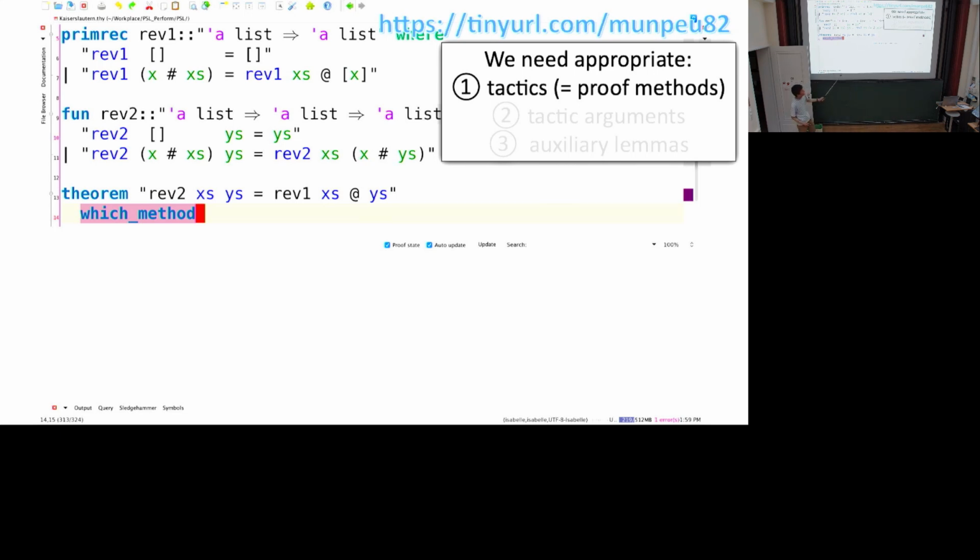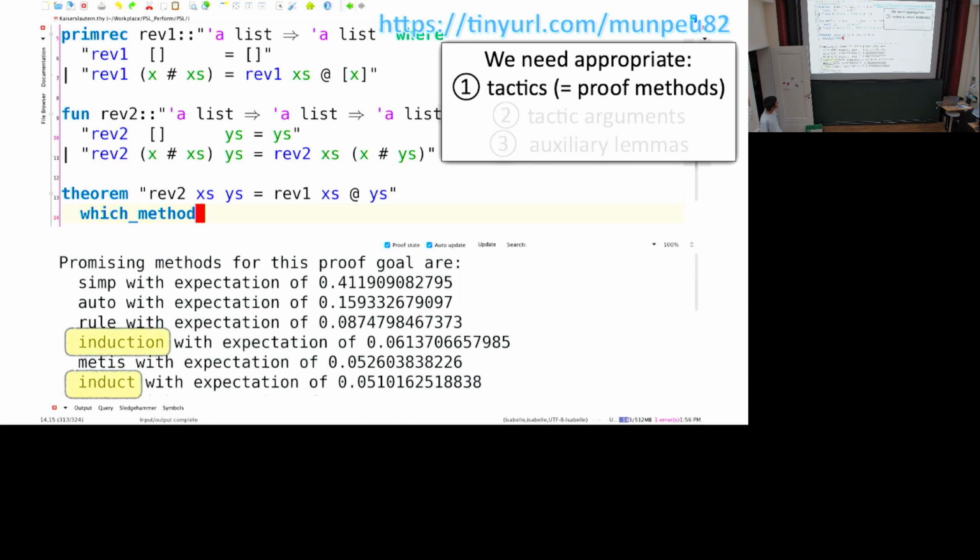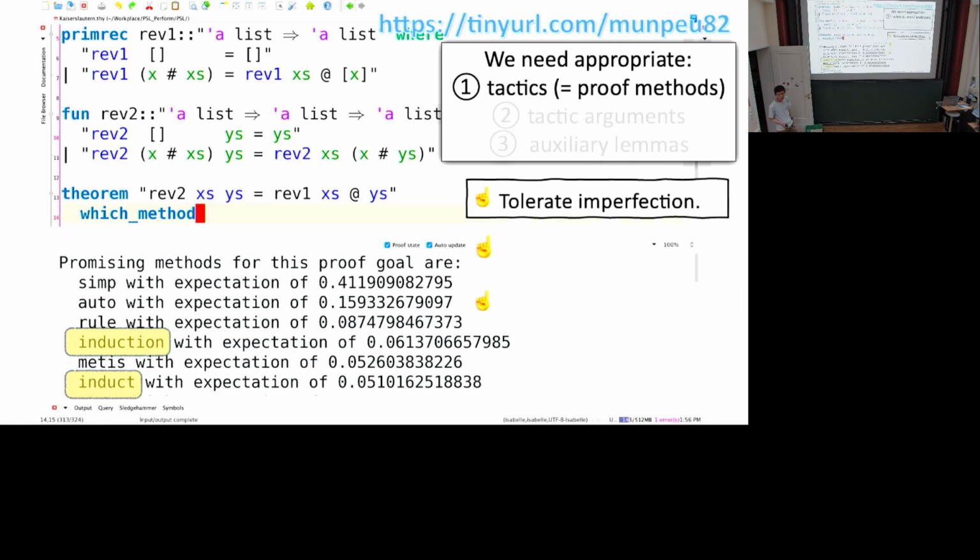As I said, proof methods in Isabelle basically mean tactics. And after a while, it made this recommendation. The induction tactic didn't come up as the most promising candidate, but Isabelle has more than 200 tactics, and at least it became the fourth. So yeah, you should be happy.